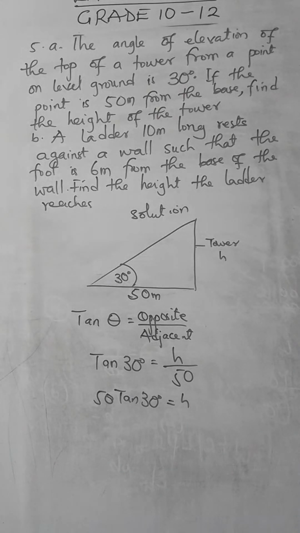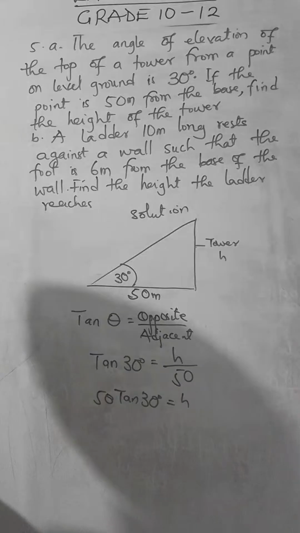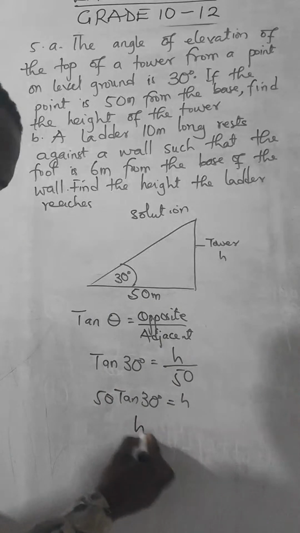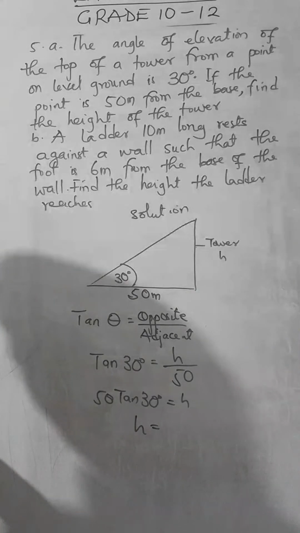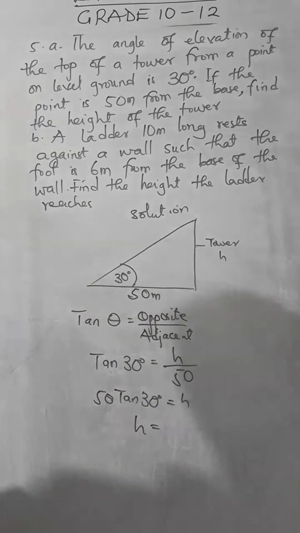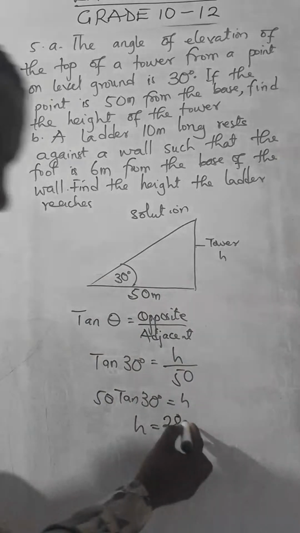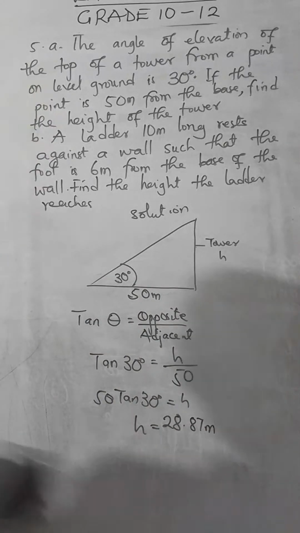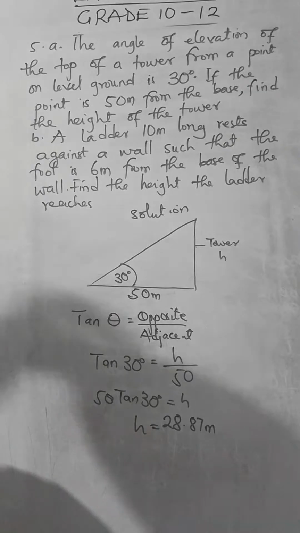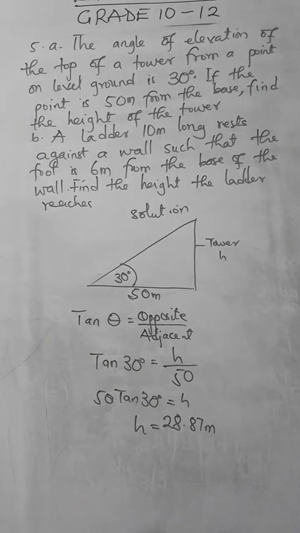From here, 50 tan theta will give us 28.87 meters. Okay.